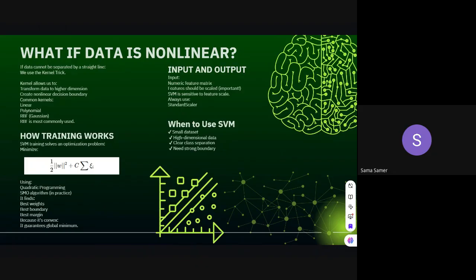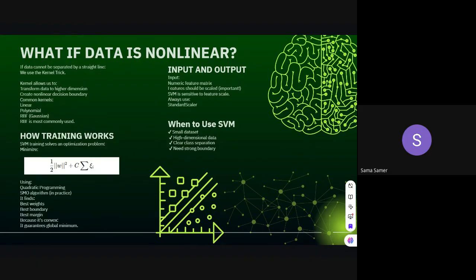It creates a non-linear decision boundary. Common kernels are linear, polynomial, Gaussian, and RBF, which is the most commonly used. You can search about them in detail. Linear is what we are using. Polynomial makes the margin in a polynomial form or a parabola. RBF is a Gaussian, and so on.